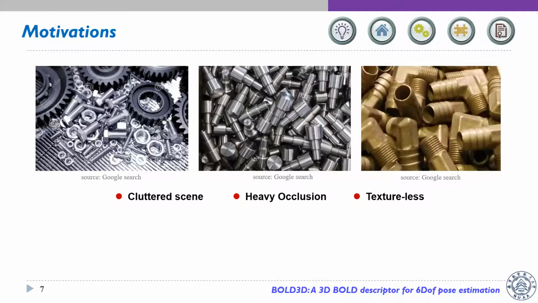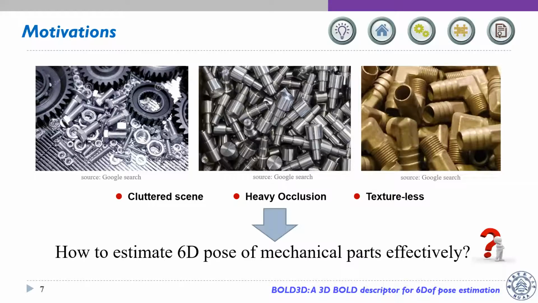Moreover, they are often randomly placed together in a bin, causing cluttered scenes as well as heavy occlusion between each other. One cannot directly apply traditional region-based 2D descriptors such as SIFT or SURF to distinguish these textureless mechanical parts. So our research question is how to estimate the 6D pose of mechanical parts effectively.